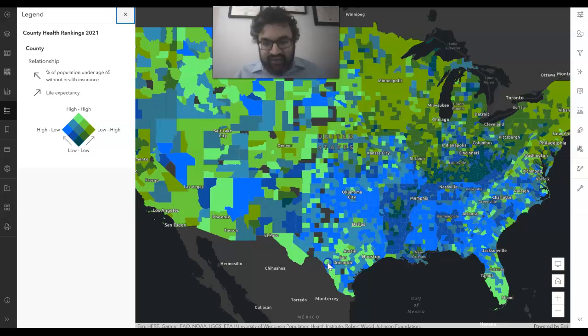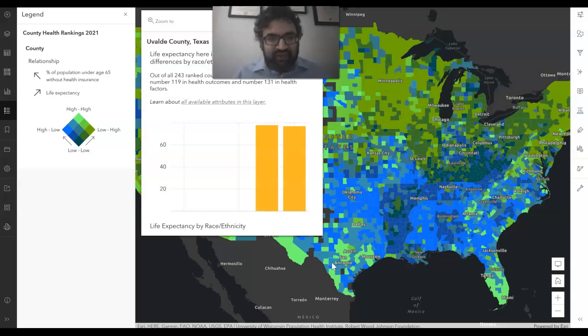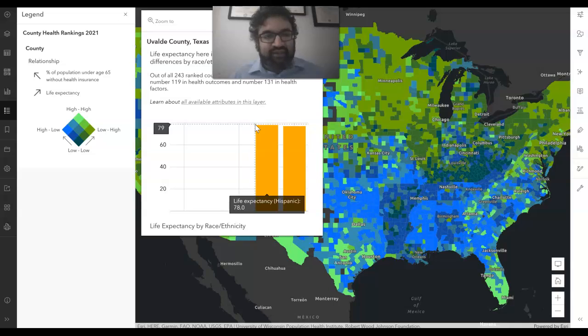So in light of the unfortunate recent mass shooting in Uvalde County, I wanted to specifically take a look, and I'm clicking to search for the county. But in particular, I want to see, and here's the life expectancy. I wanted to see the health insurance versus life expectancy comparison.